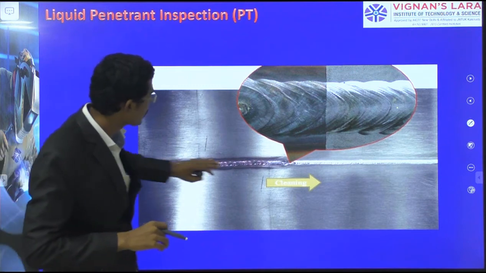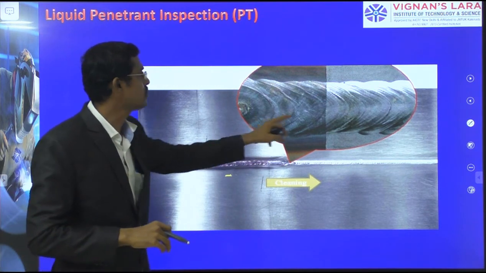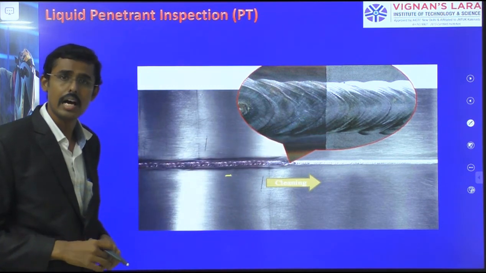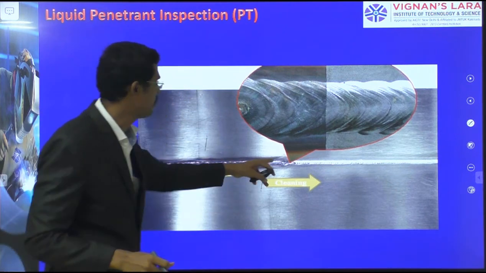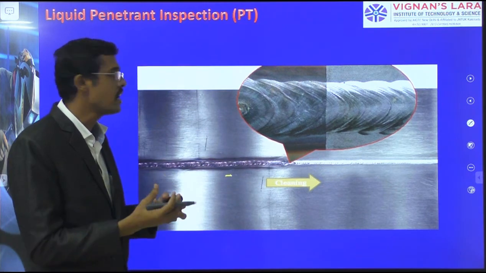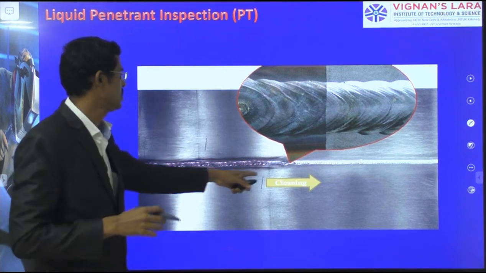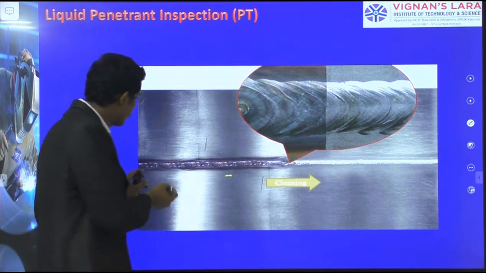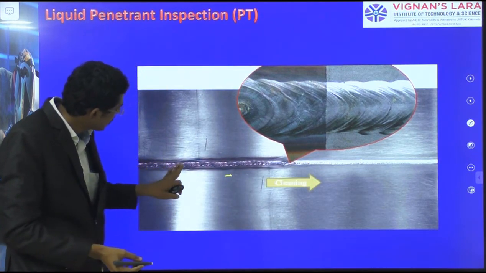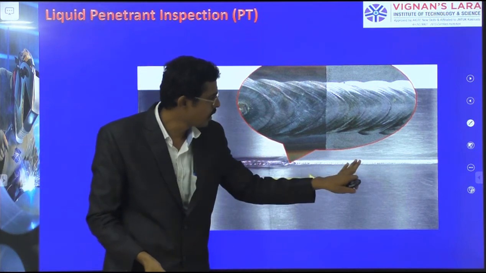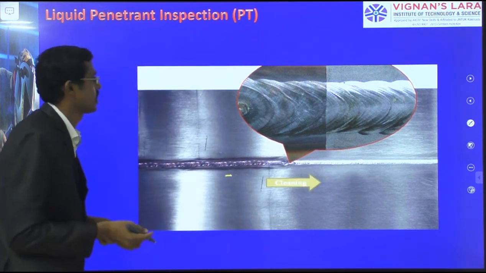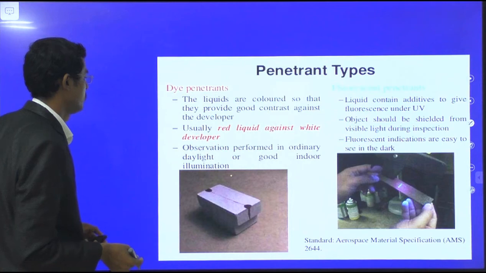That is why I keep on cleaning. After cleaning, it looks like this. After that, we apply the developer and identify the spots. Here, after cleaning, it looks red. Here it looks white. That is the identification we can create.